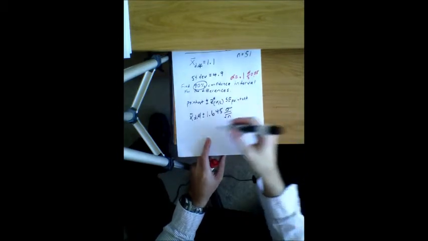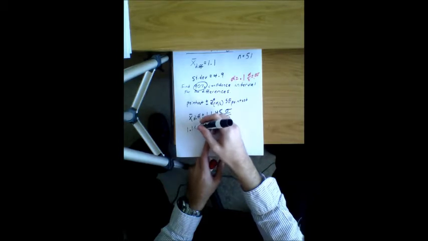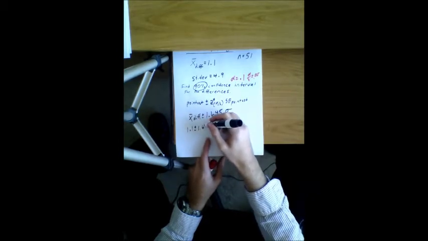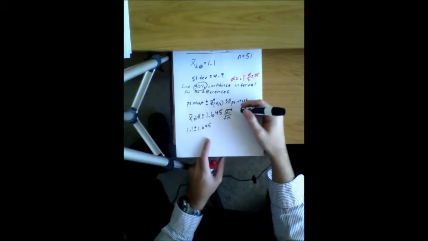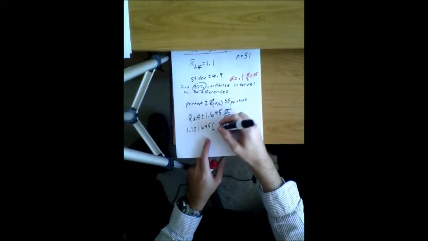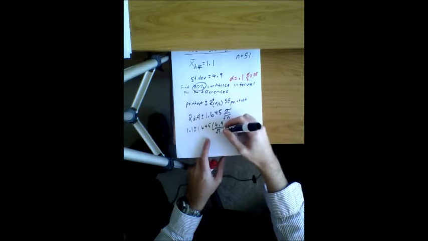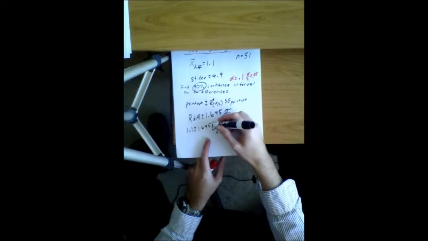So filling all this stuff in, x bar diff we found was 1.1 plus or minus 1.645. The standard deviation we found was 4.9, all divided by the square root of 51 in this case.